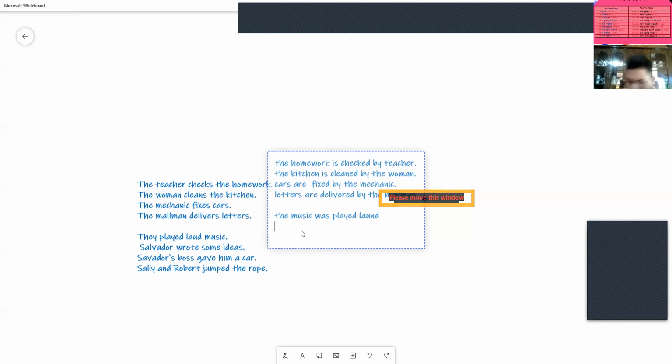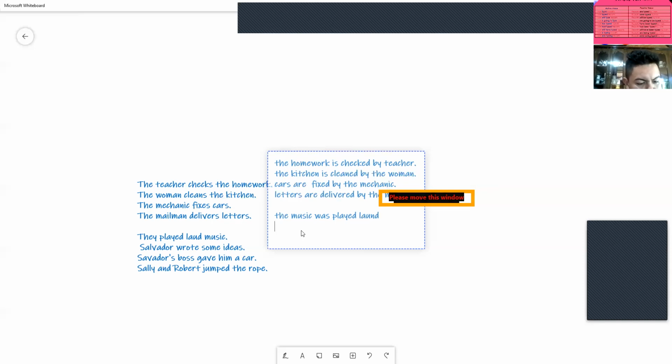Sería wrote, escribió. ¿Cuál es tu sujeto? Salvador. Salvador es el sujeto en voz activa, ¿sí?